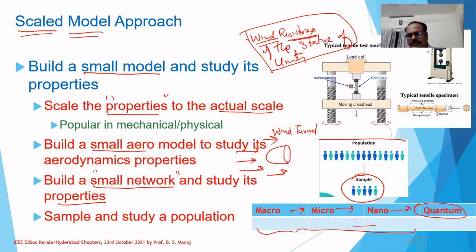So in all these three scales, say macro, micro, nano scale, the scaled model approach for solving a problem is effective and useful as far as my observation is concerned. But in the quantum domain, as I mentioned earlier, the molecular properties itself will be very, very different, and you may not be able to apply the scaled model.